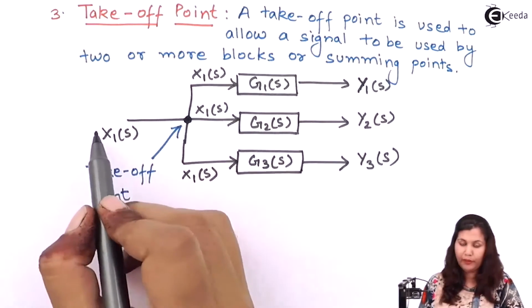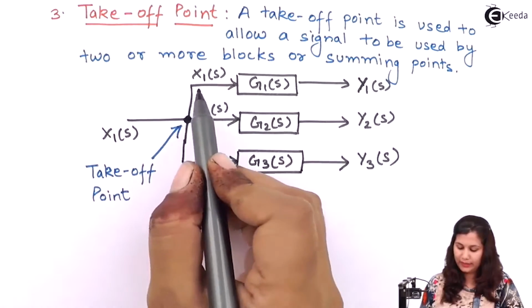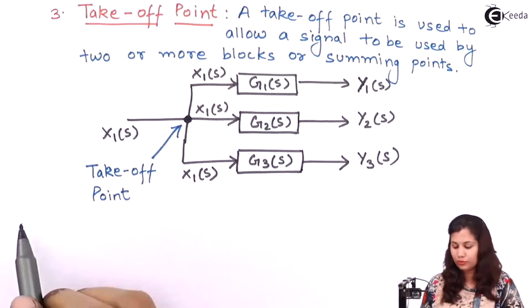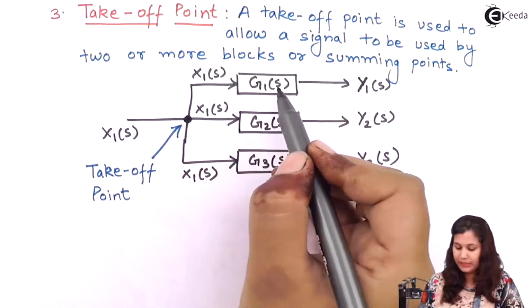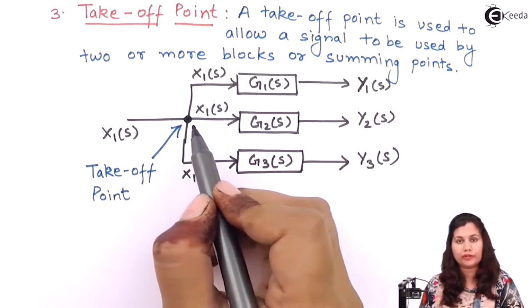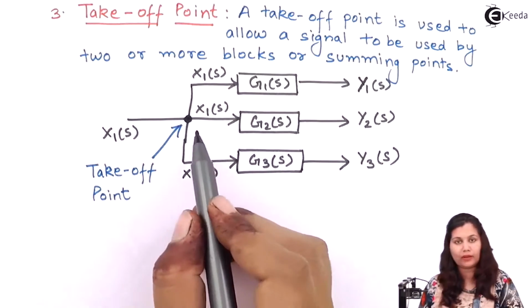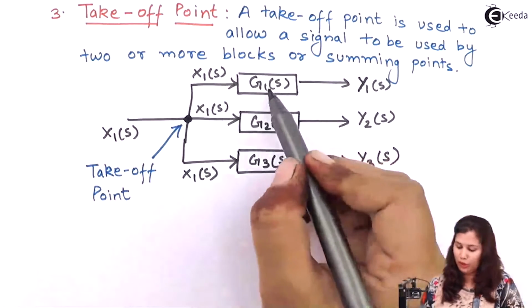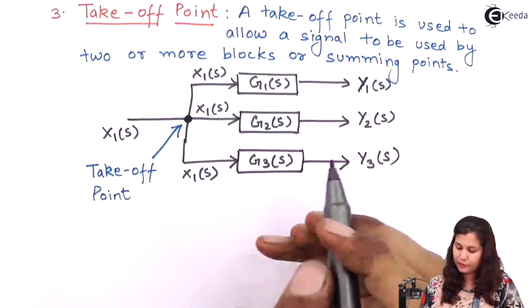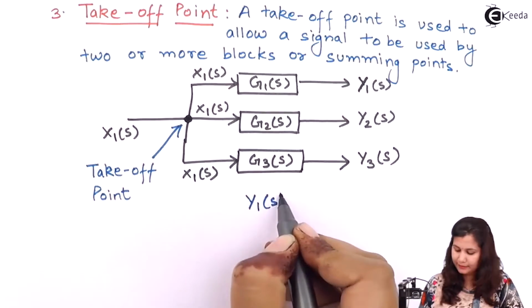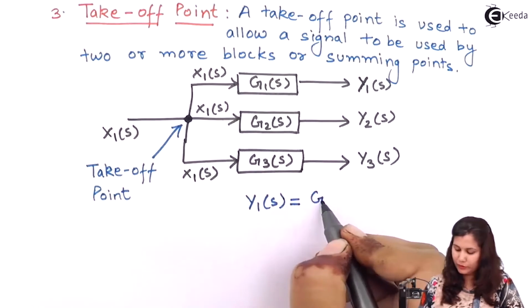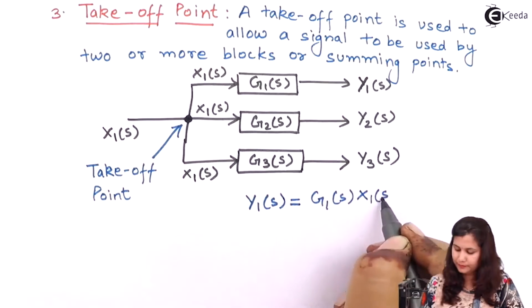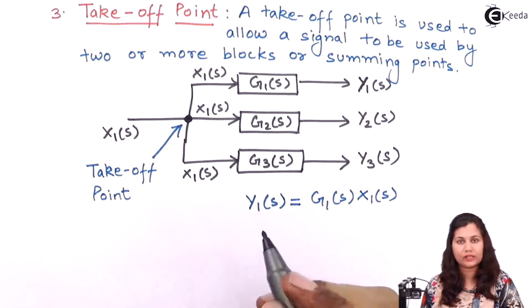Through this takeoff point, we can use the signal X1(s) in three blocks. This X1(s) is given to the first block, also to the second block, and it is also acting as an input to the third block. So the output of the first block, that is Y1(s), will be equal to G1(s) X1(s).